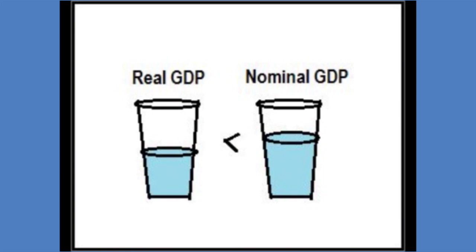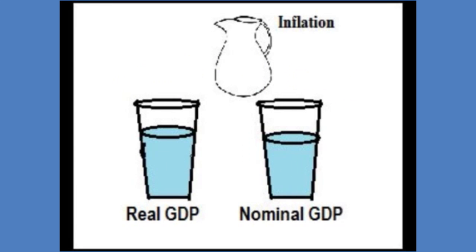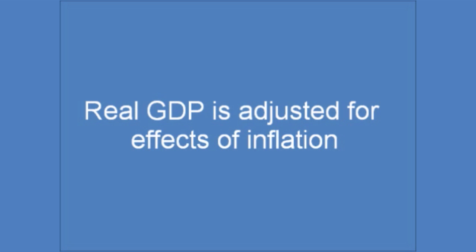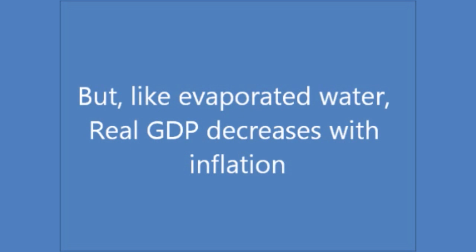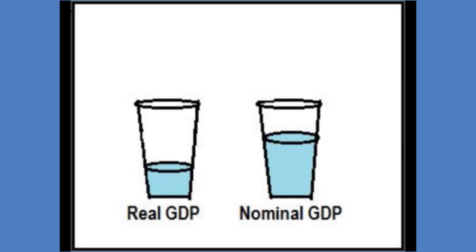Nominal GDP is usually greater than real GDP. Real GDP is adjusted for inflation, which causes a decrease in GDP.